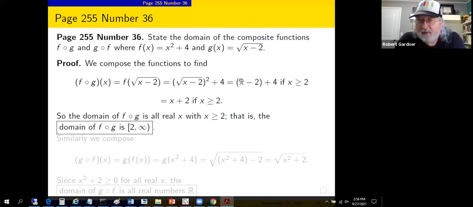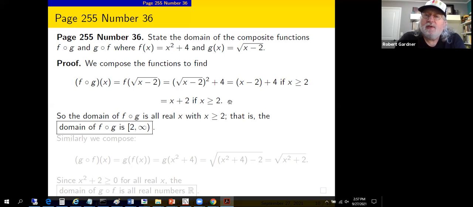If I plug 0 in for x here, we get negative 2 plus 4, we get 2 out. If I plug 0 into this, we get the square root of negative 2, and we can't deal with that. So these are not equal, and that's why, again, we have to put a disclaimer in there. It's a more involved disclaimer than a single point this time, because now we're dealing with square roots and negatives. So it's only valid when x is greater than or equal to 2, when we're taking square roots of non-negative things.